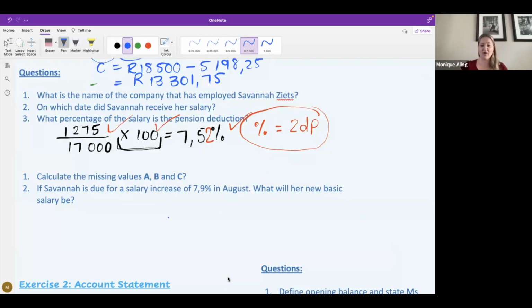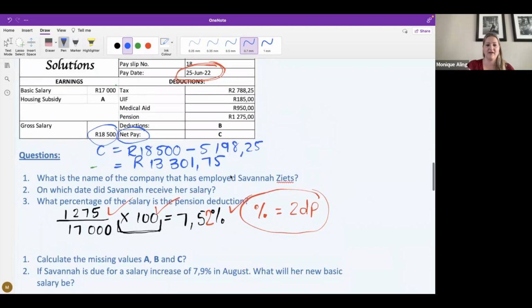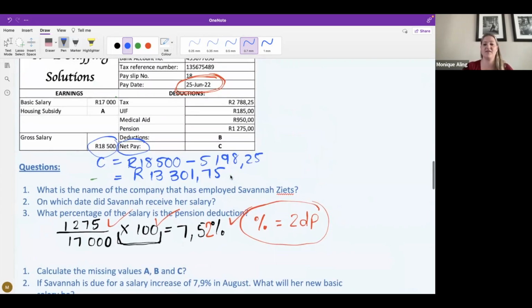Yes, so I'm seeing some answers here, and it looks like you're just telling me what the increase is, not telling me what her new salary is going to be. Asanda, you want to see the basic?